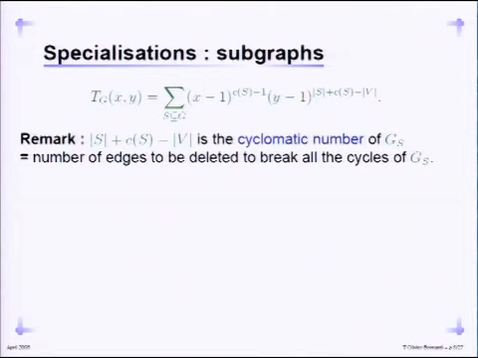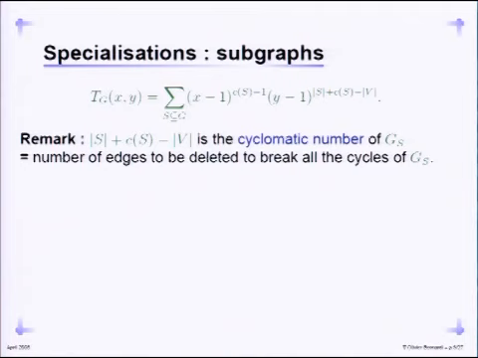This exponent, number of edges plus number of connected components minus number of vertices, sorry, is the cyclomatic number of the subgraph. That is the number of edges to be deleted in order to break all the cycles of the subgraph. I can easily convince you of this property.